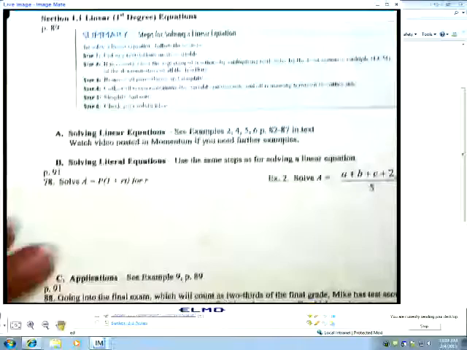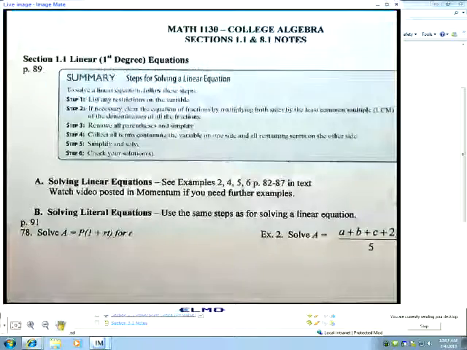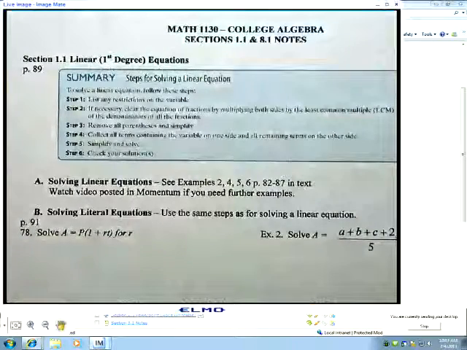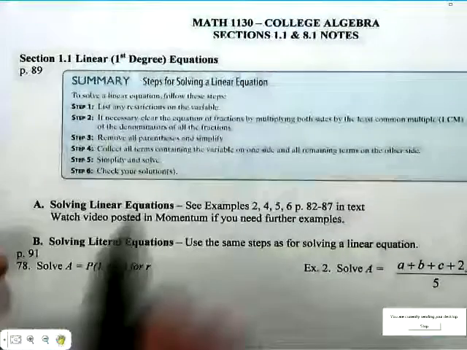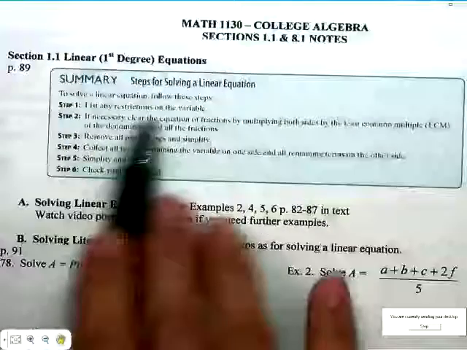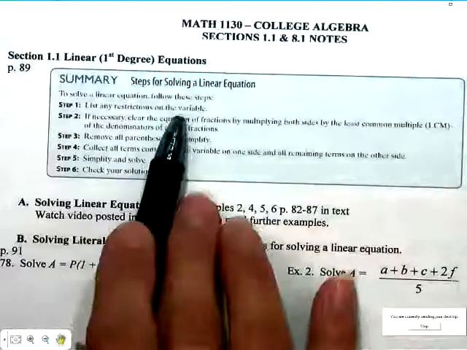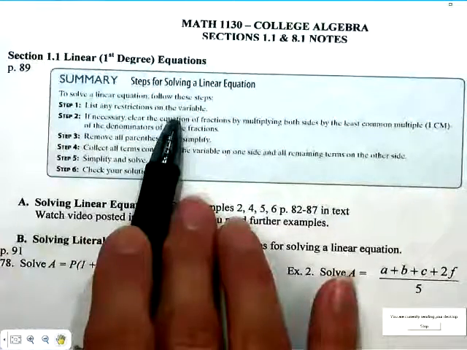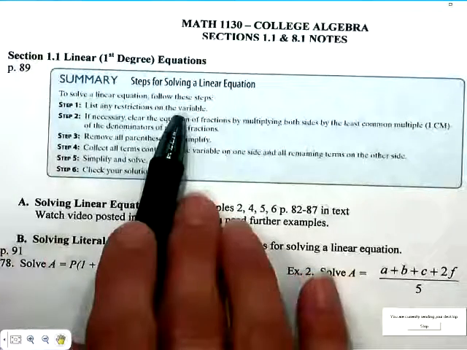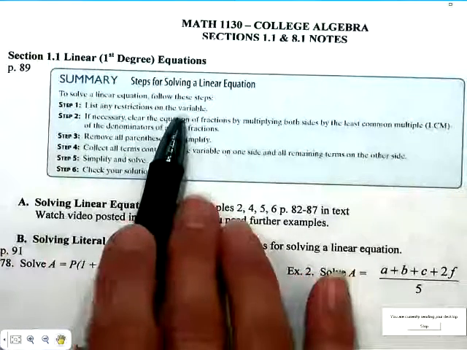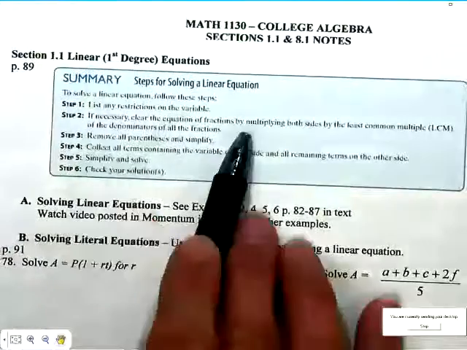The steps for solving a linear equation are: list any restrictions on the variable. My handout doesn't have that, but I'm going to come back to that in a minute and tell you what that means. My handout starts with just, if necessary, clear the fractions and decimals.